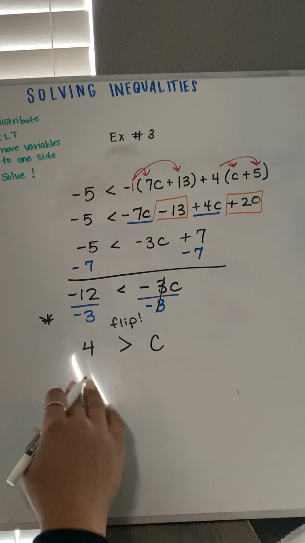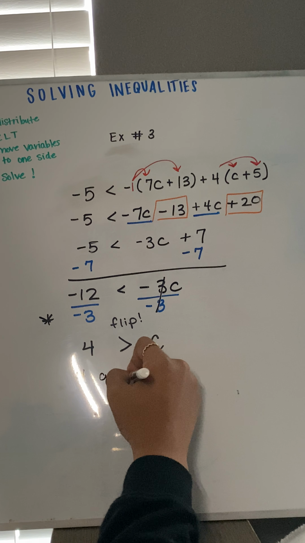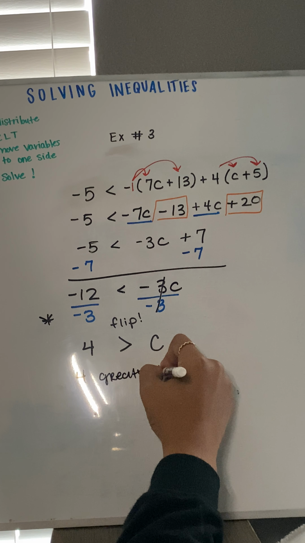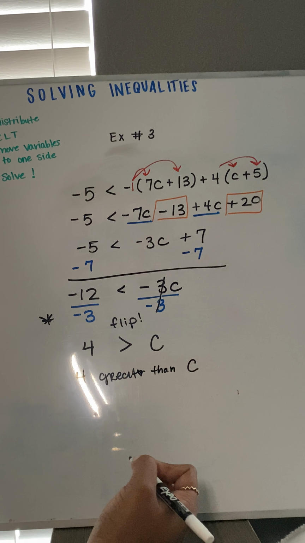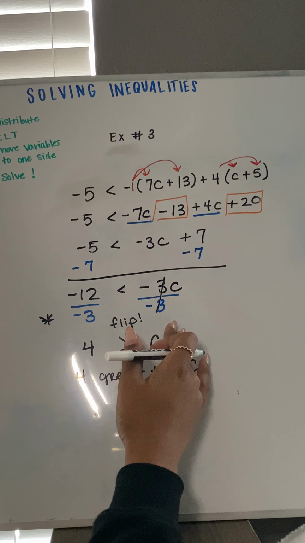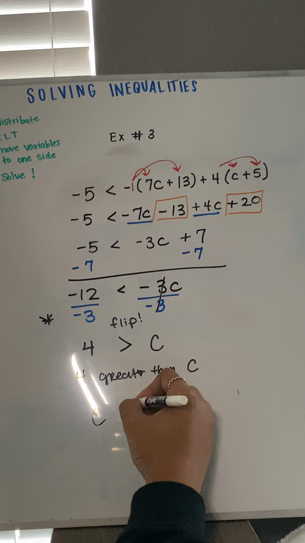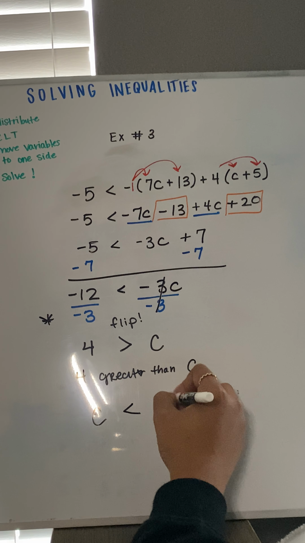All right, so we read this as 4 is greater than c, but we can also rewrite this inequality so that if we read it backwards, it would be c is less than 4.